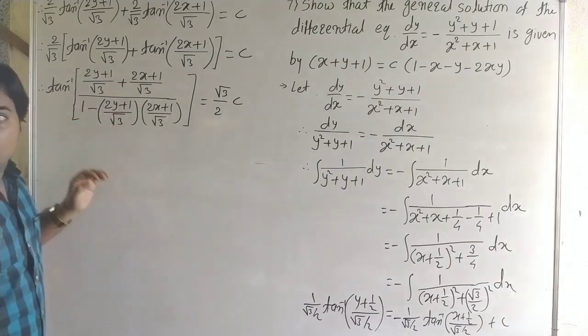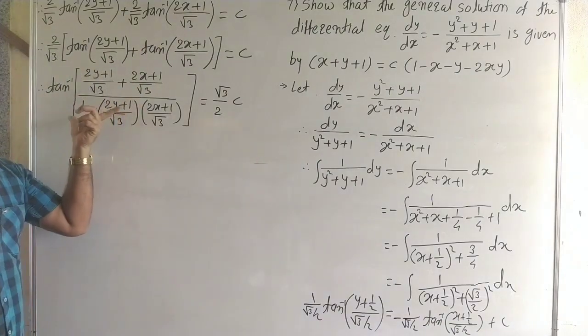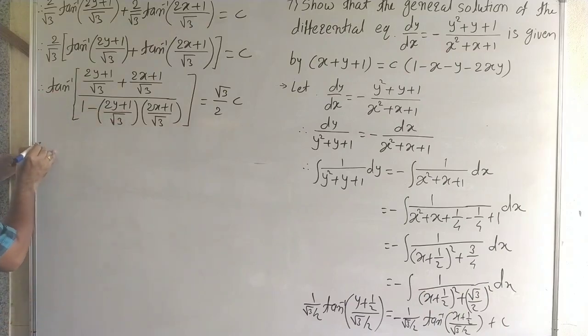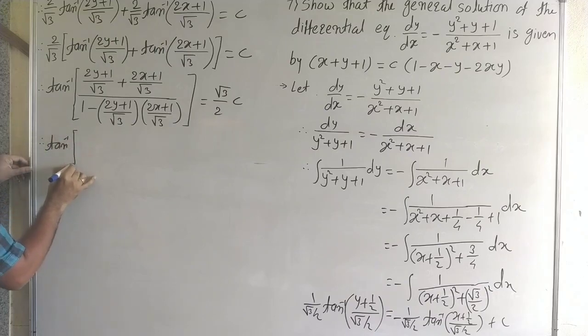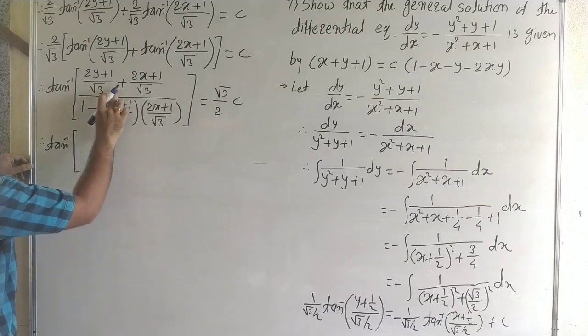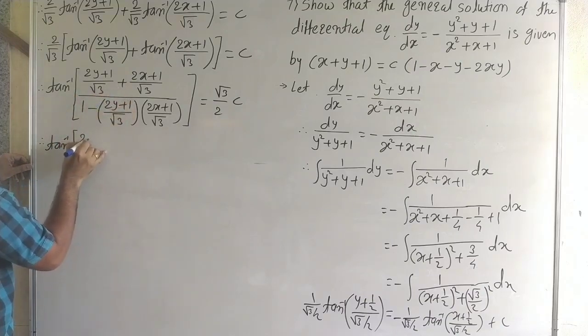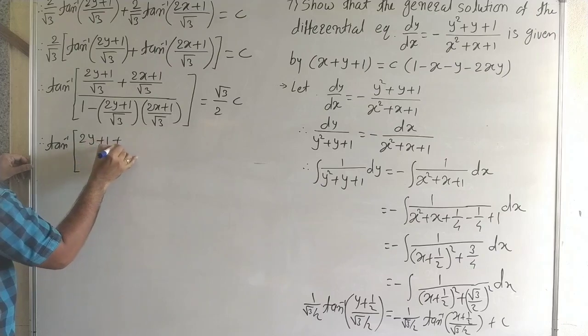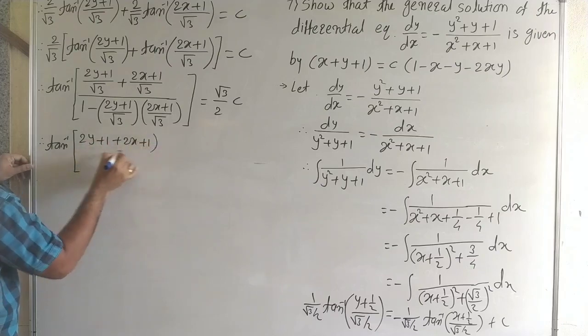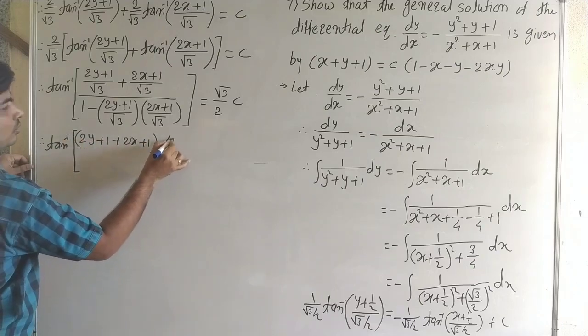Now we take only the calculation of this. Okay. Then tan inverse of, we can write it as tan inverse of, here take the addition, here the denominator is the same, therefore 2y plus 1 plus 2x plus 1 upon under root 3.